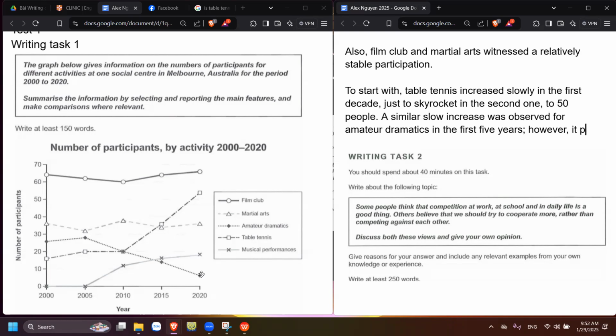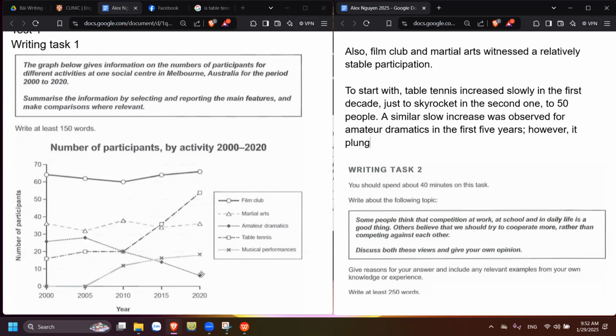Or you can use the word plunge. You know, plunge? Plunge is like you jump into the water. However, it plunged dramatically in the following 15 years.